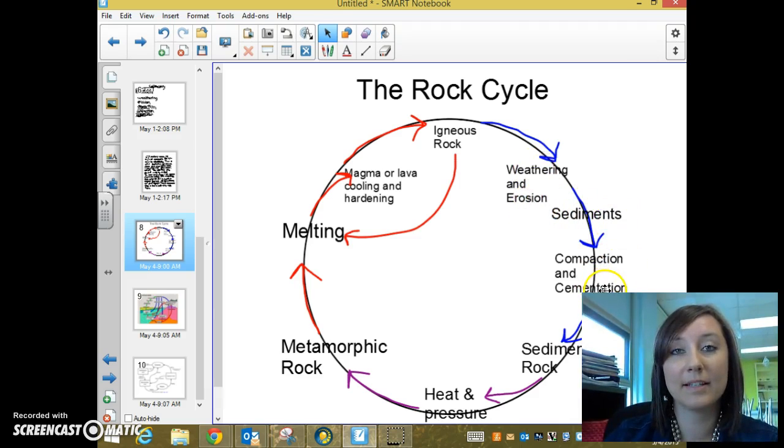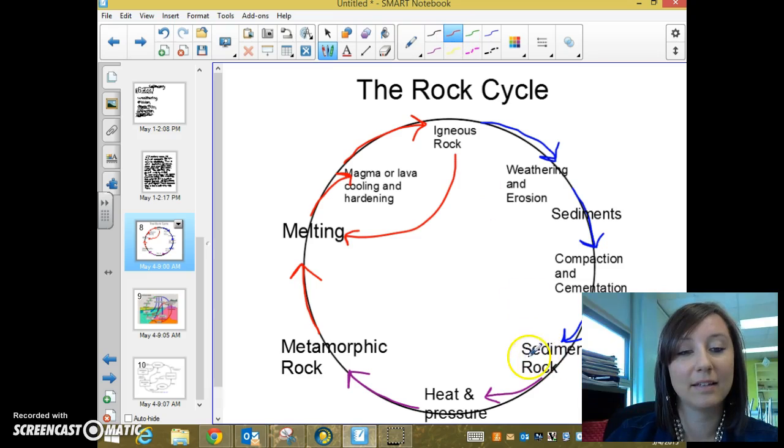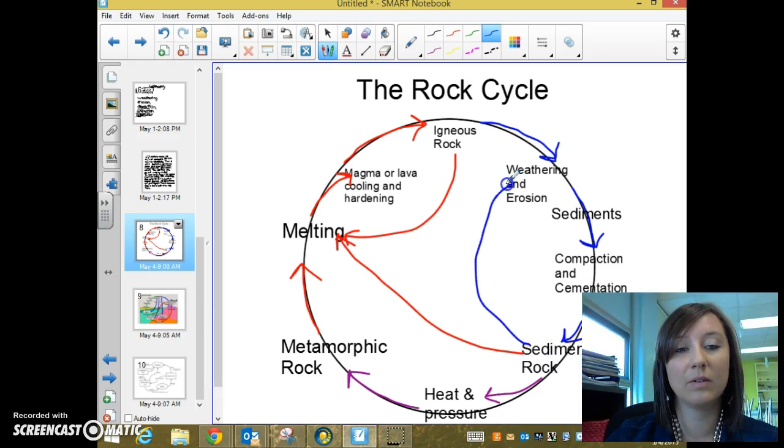If they get compacted and cemented together, then they'll become sedimentary rock. That sedimentary rock, though, it might get pushed back underground so quickly we might skip metamorphic altogether, and it might go straight to melting again. Or this sedimentary rock might just stay up on the surface, and we might get it weathered and eroded again, and it might keep going in this loop.